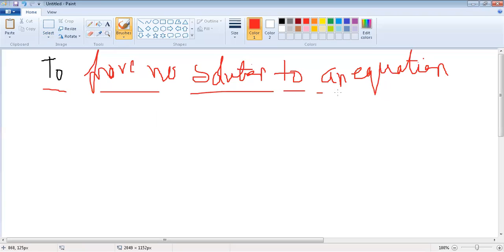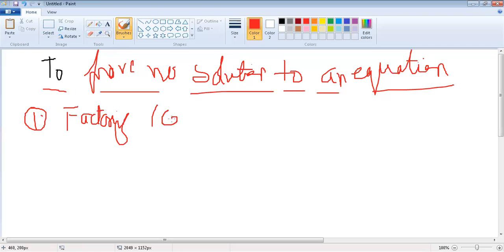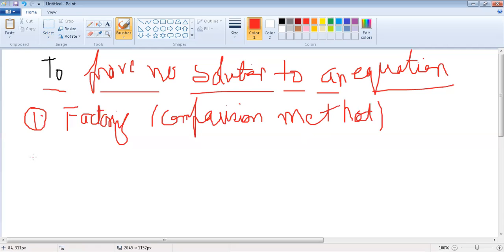So the ways are, first of all, the first way is the factoring method, or you can say that method as comparing LHS and RHS. Let me name it just for the sake of now as the comparison method. I will elaborate in a minute or so about what that method means. The second one is using modular arithmetic, to be precise.